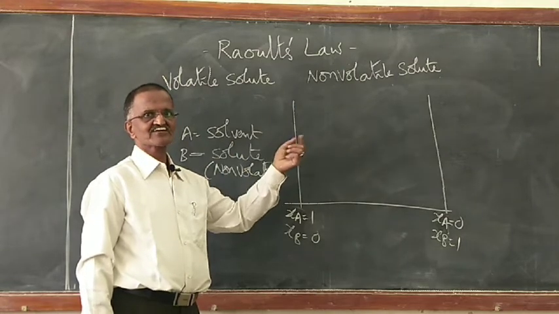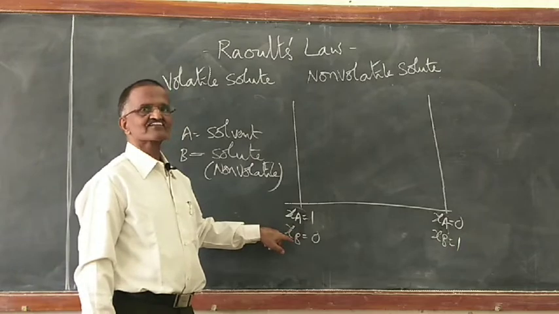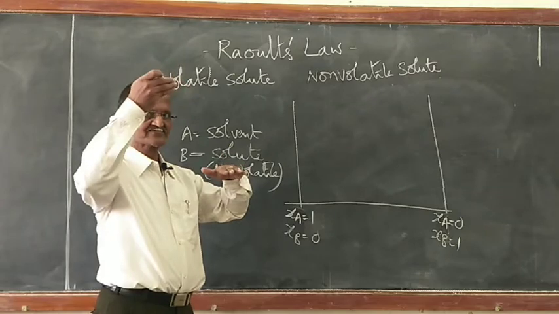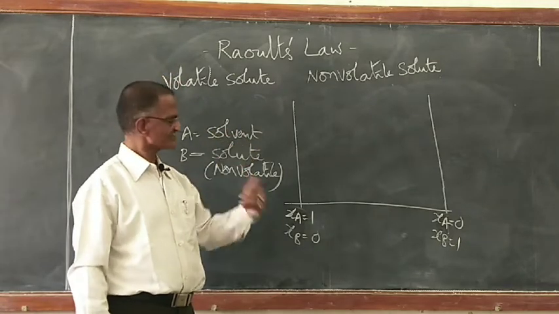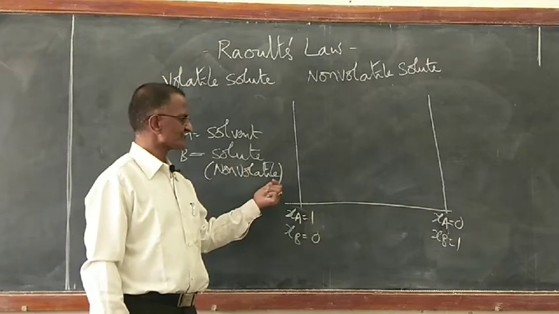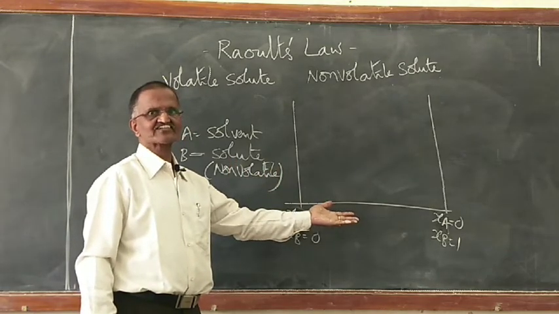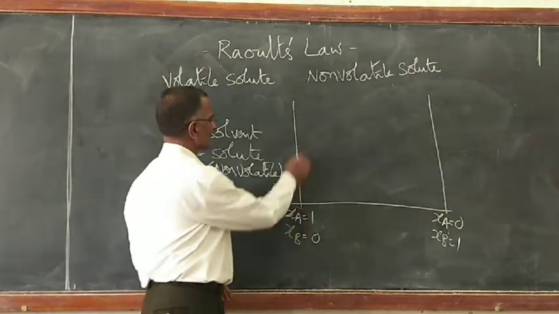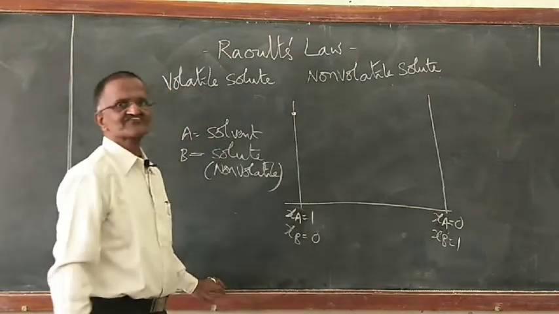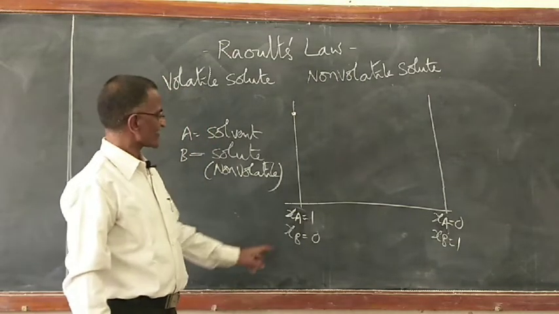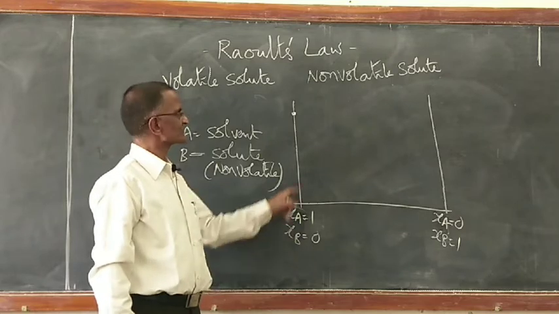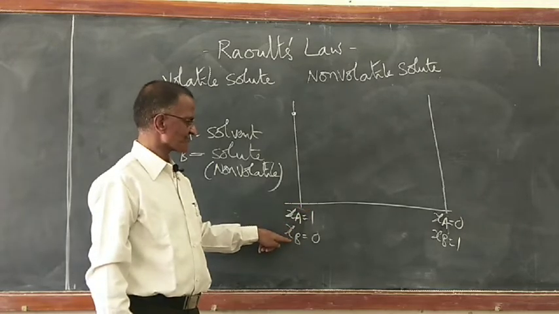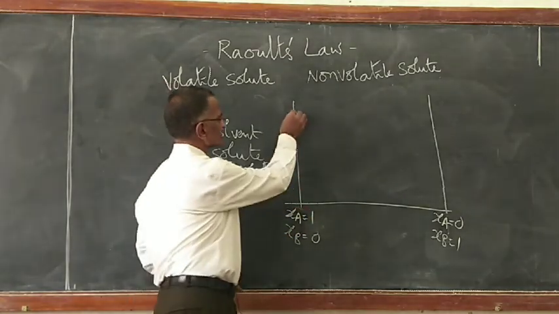As I explained yesterday, particles of the non-volatile solute will occupy the surface and will prevent particles from escaping into the vapor phase and accounting for the total pressure. We understood. Now how is it going to affect? The same thing we are representing in a graphical way. As the mole fraction of A goes on decreasing, when A alone is there, that is the vapor pressure of the solvent. Now as you add B, the pressure contribution of A goes on decreasing because the particles occupy the surface. And as the mole fraction of B goes on increasing, what will happen?